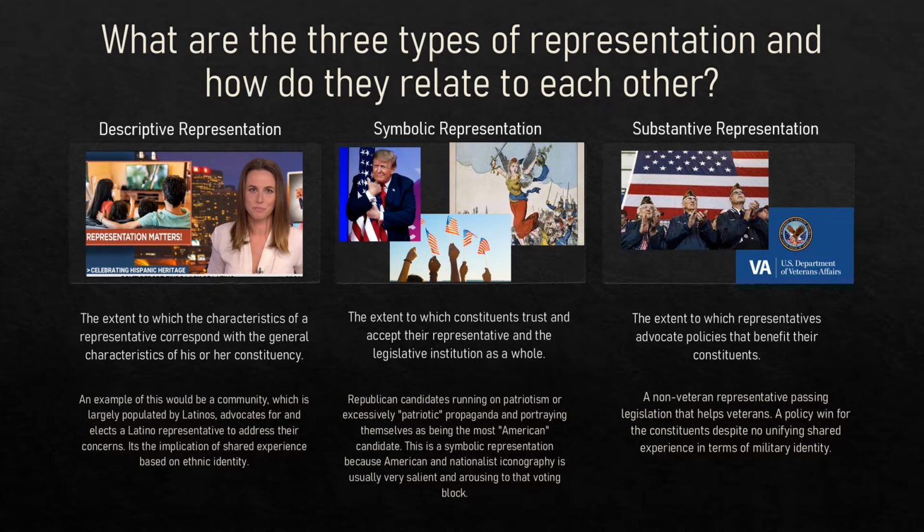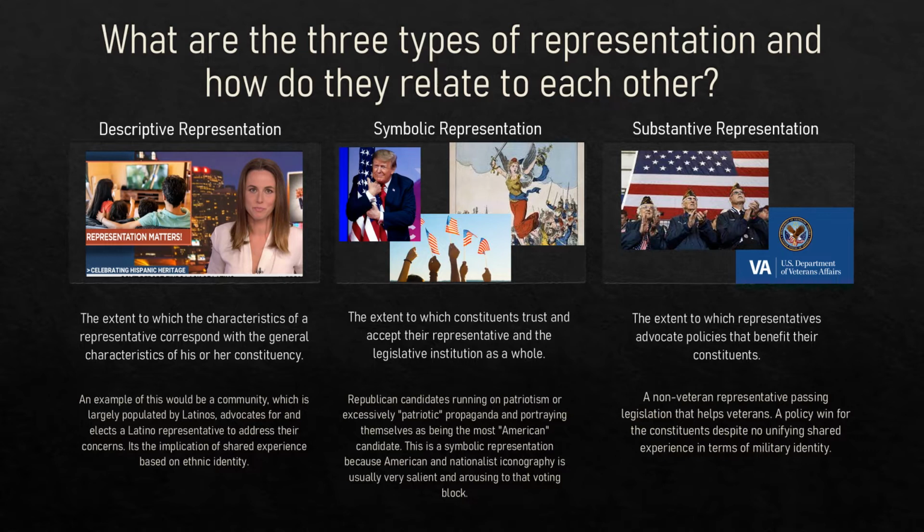If you have a high populated Latino district and they elect a Latino representative, then that would be descriptive representation. You are electing someone based off of the implication of a shared perception or shared political experience, in this case ethnic identity.